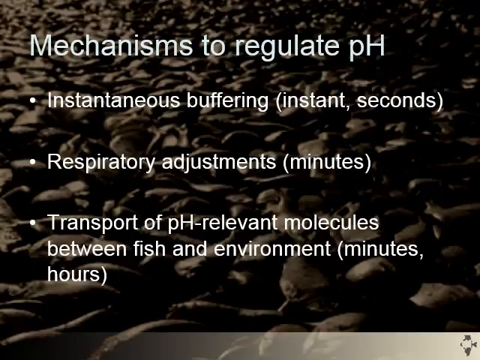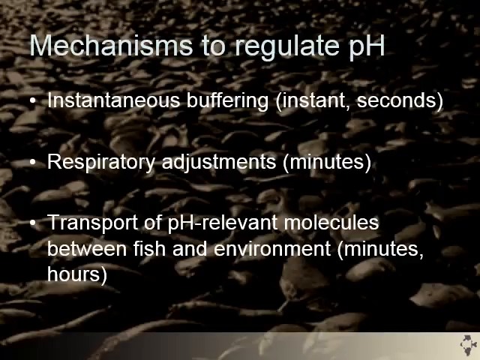So acid-base balancing typically involves a multi-tiered process in fishes, and it occurs over different time periods. The first part, instantaneous buffering or internal buffering, occurs over a period of seconds to minutes. That's why it's referred to as instantaneous buffering. This is the buffering that would occur within that specific compartment.